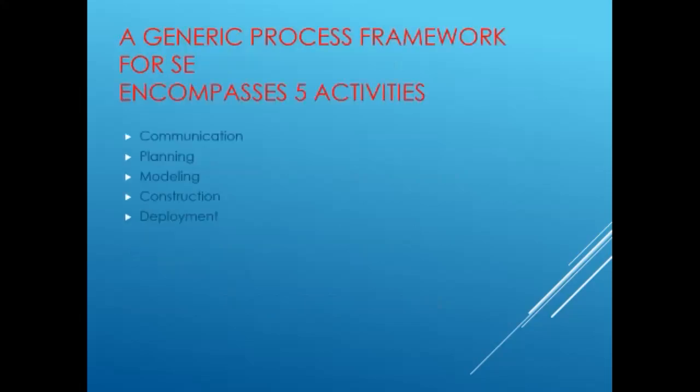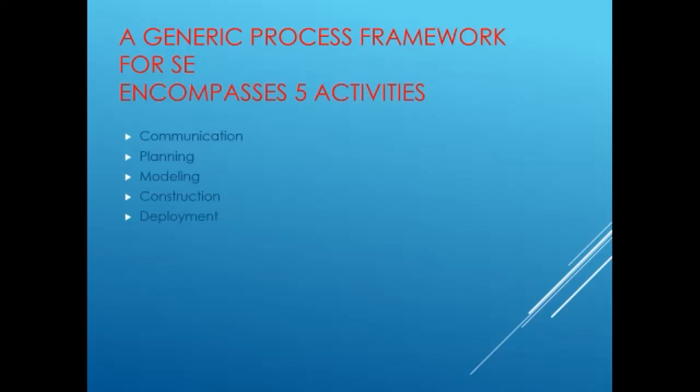A generic process framework for software engineering encompasses 5 activities. These are the 5 activities included in the generic process framework, which plays a very important role in software engineering or the software development process.